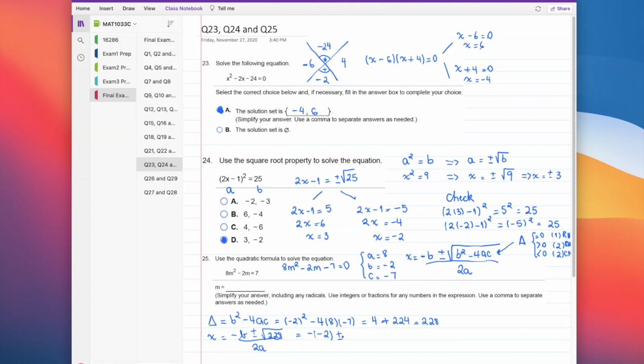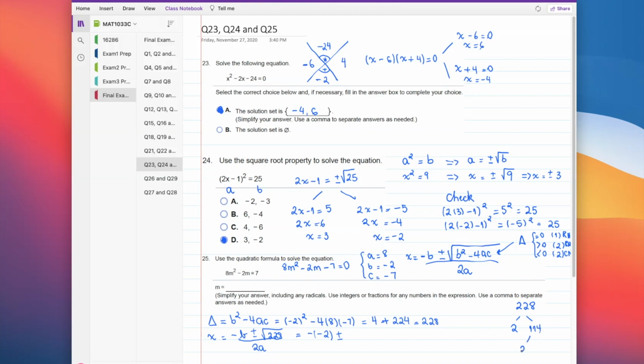And now the 228, I will factor because I know that this is not a perfect square, but I want to see if I can extract something out of this square root of 228. So I can divide by 2, and then I have 114.